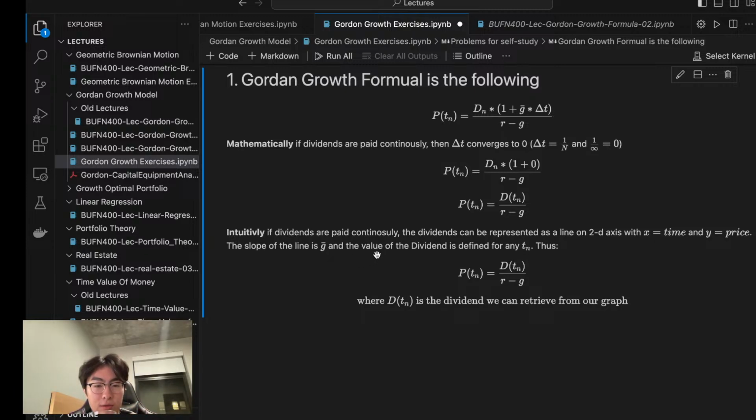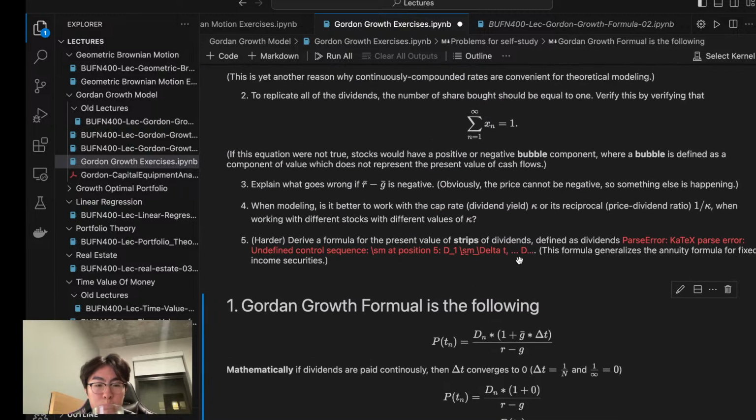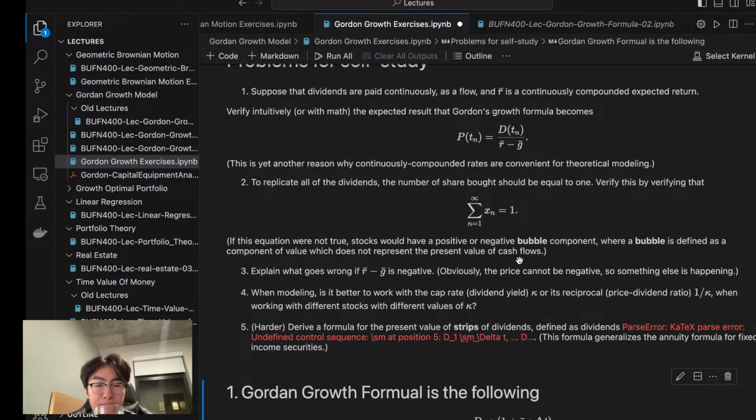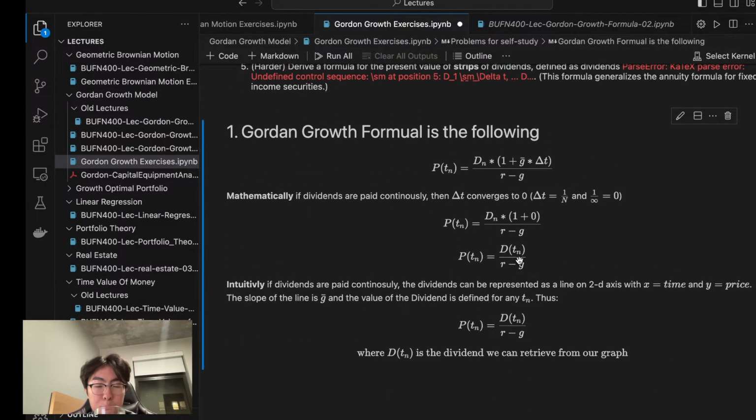And the value of any dividend is defined by t, times y equals the value of the dividend for any time t, thus g from a graph. Oh, okay.